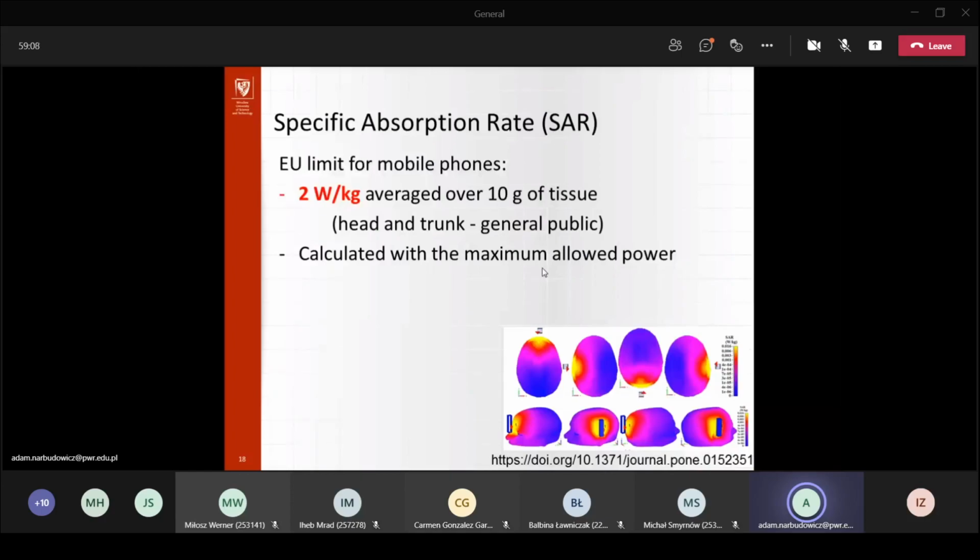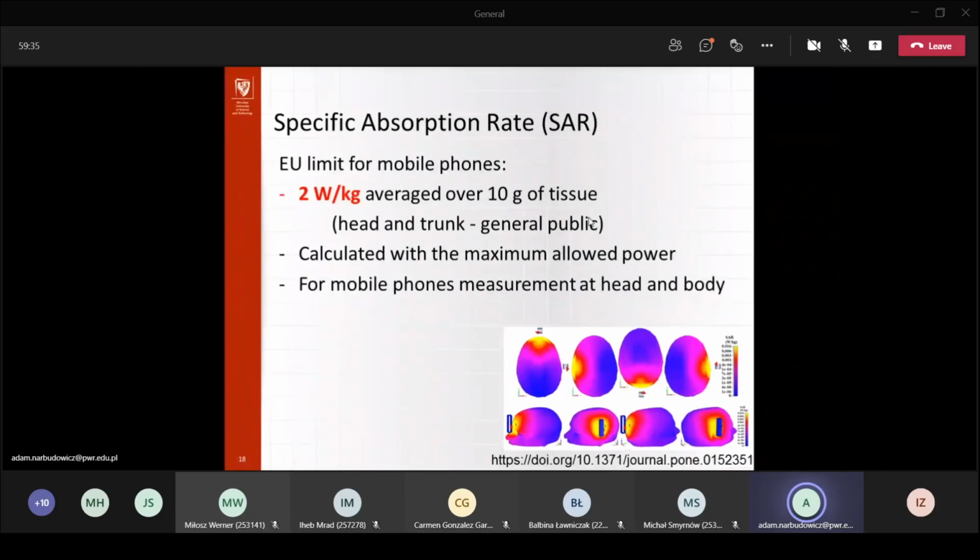Because of the distance, you need to increase the transmitted power to satisfy the link budget equation, right? So that's typically the most critical part. However, as I said, most of the time, the phone will operate with much lower power than those used for calculating specific absorption rate.